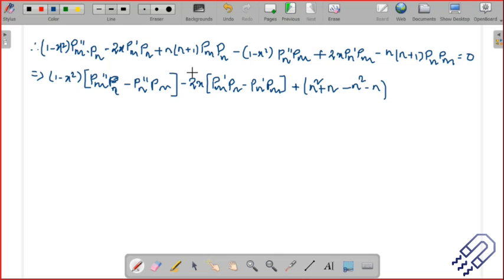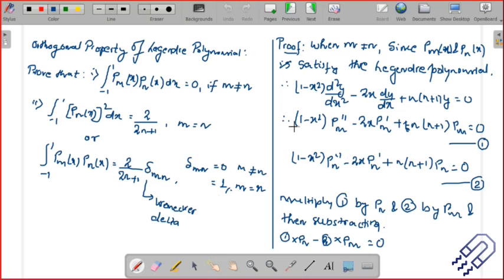Sorry, one is m, one is n. I think I've made some mistake here. This is in terms of m, so let me correct this. This would be m, this would be m, this is m. The second one is n, both cannot be m, sorry.